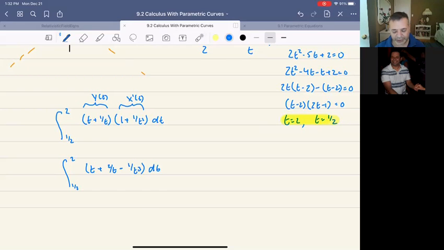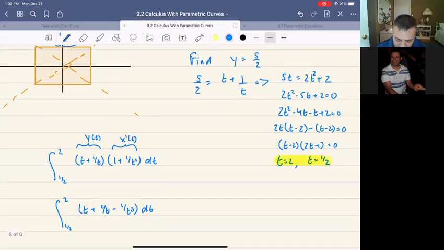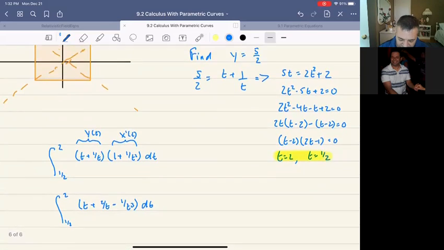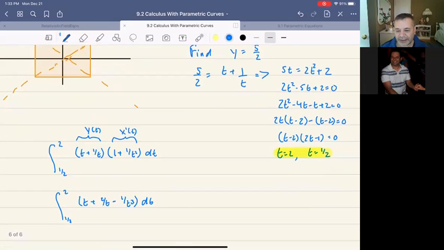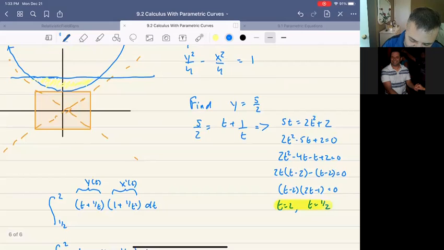Now I know what's going on. This right here is not that area. That's why I was being stupid. This is actually this area.